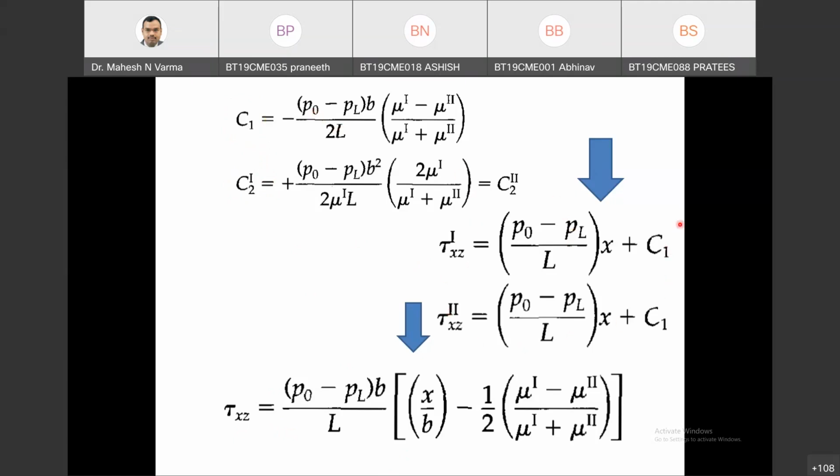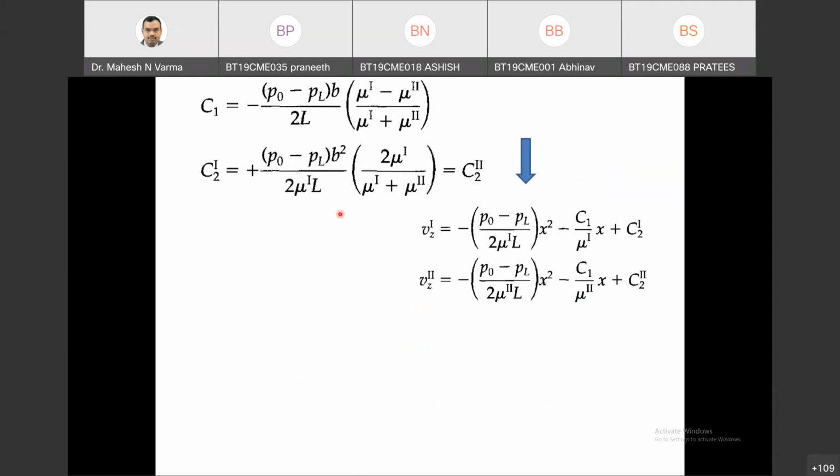Substitute this value of C1 here and rearrange the equation, so this will be my flux profile.